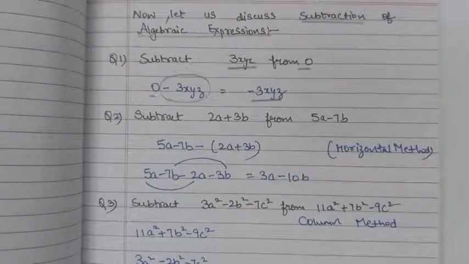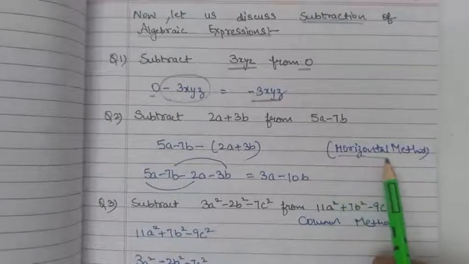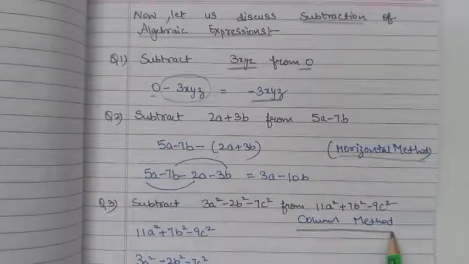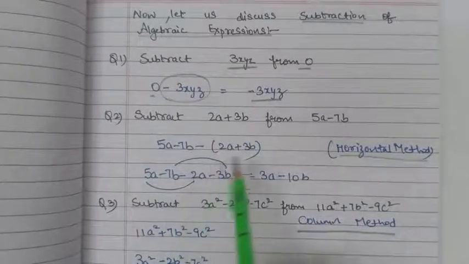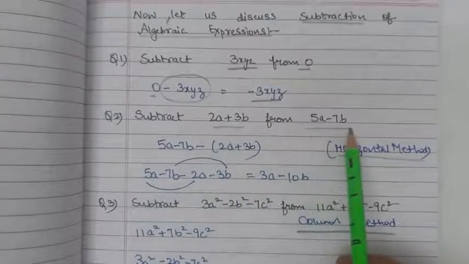In the same way, we can only subtract like terms. Also, there are two methods. First is the horizontal method, then the column method. So you can follow any method. Now, we have to subtract this expression from this expression.